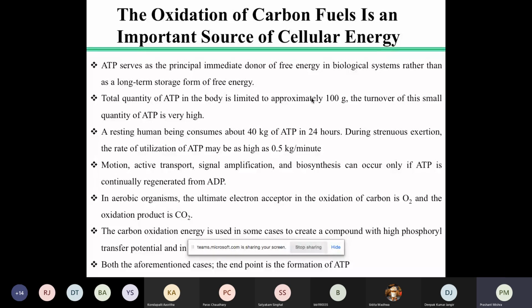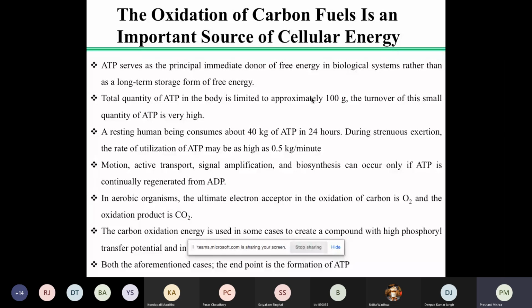But if you have seen, I think yesterday we were talking about how much phosphoryl group transfer potential is with the ATP molecule. This can be given by the delta G value, which is 7.3 kilocalorie per mole under the standard condition, whereas under cellular condition it is minus 12 kilocalorie per mole.